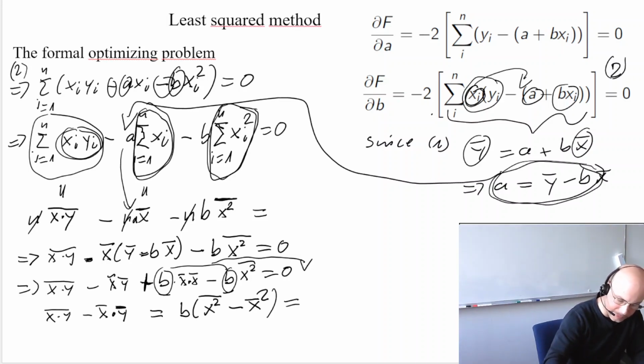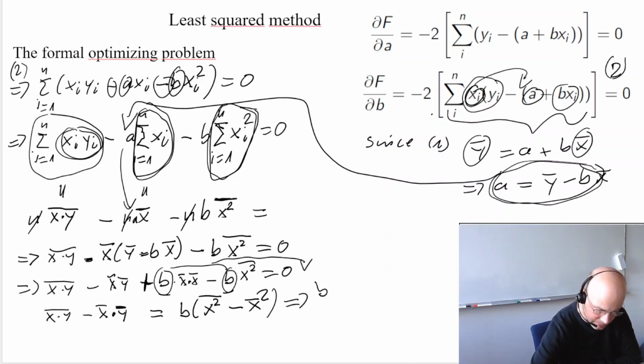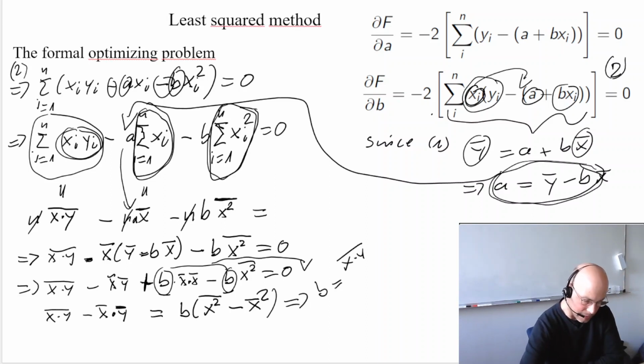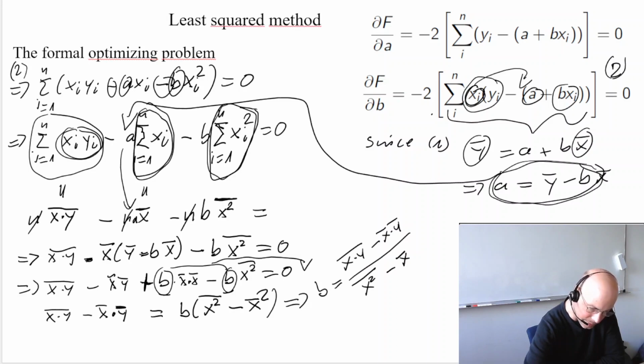And then we have b equals x y bar minus x bar times y bar over x squared bar minus x bar squared.